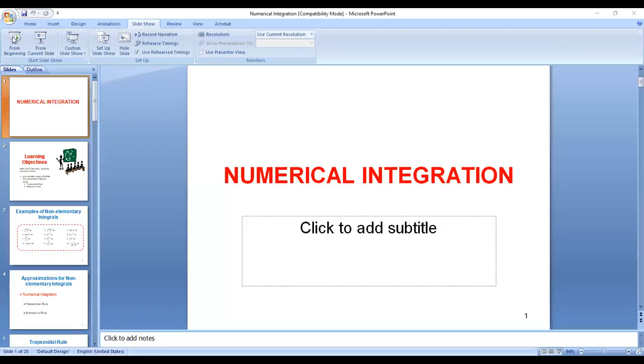Allow me to share my screen. Please let me know if you can see the slide in presentation mode.